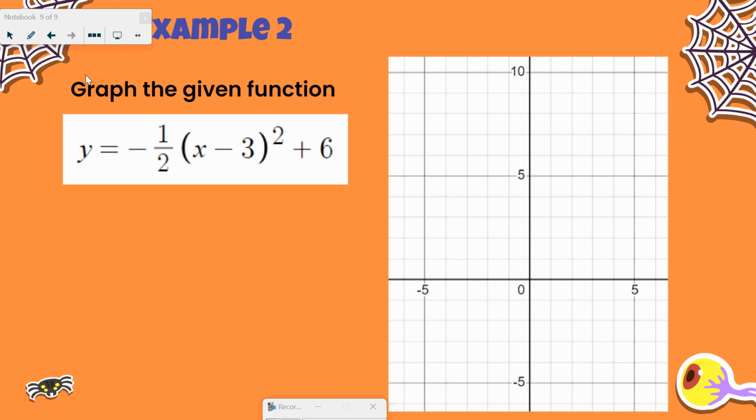All right, so looking at our next example, we're going to graph this given function. We have -1/2 times x minus 3 squared plus 6. So why don't you guys take a minute, jot down that equation, and before we graph it, identify those transformations that you're seeing here to help us with that graphing.